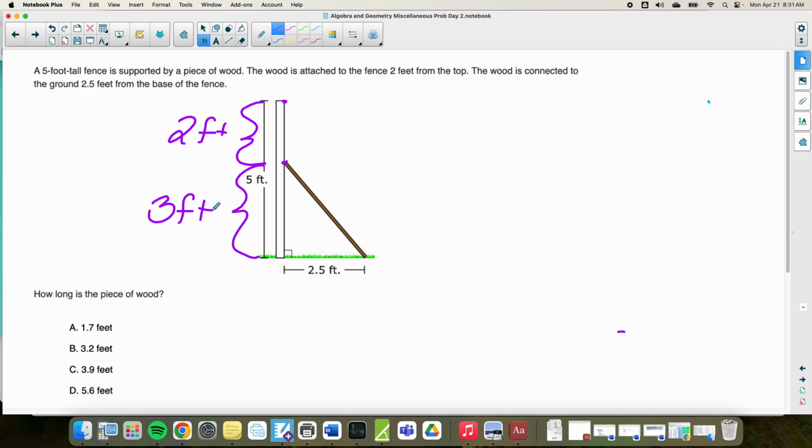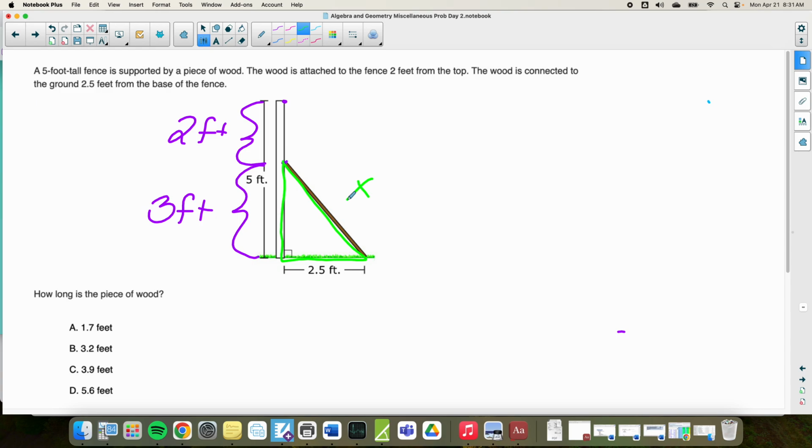And then it says the wood is connected to the ground 2.5 feet from the base, okay? So we have this scenario right here. We have 3, 2.5. And what they want to know is how long is the piece of wood? So we want this. Anyone see how we would do that?